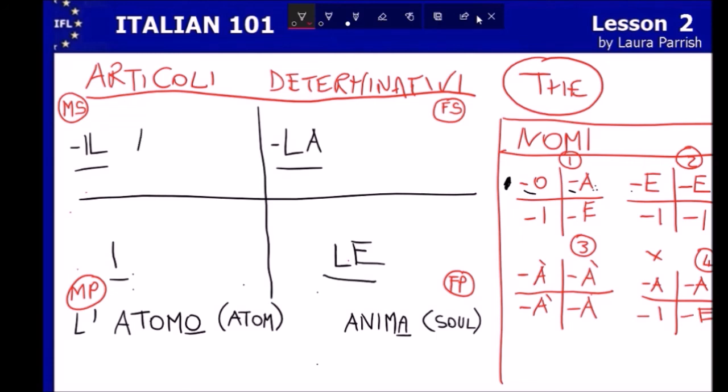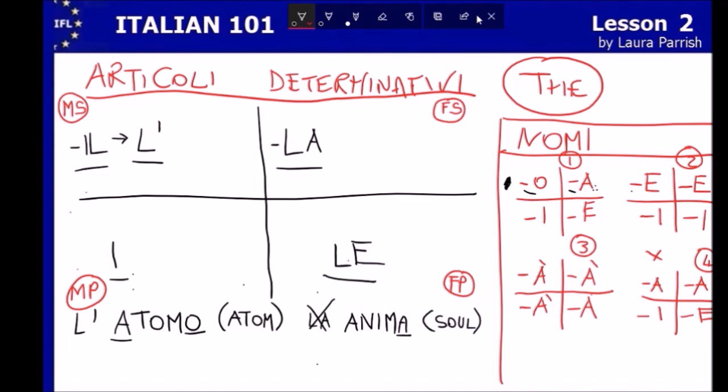Basically, here is like another article, L', but in reality it is the same article with a contraction. In front of a word starting with a vowel, you have to use the contraction, L'. Same for anima. You cannot use la anima. For phonetic reasons, you see, it wouldn't sound well to say la anima.